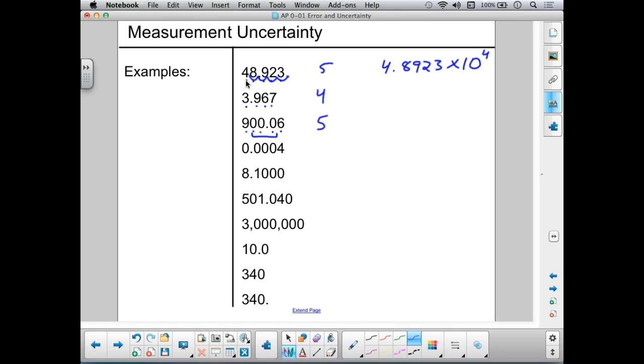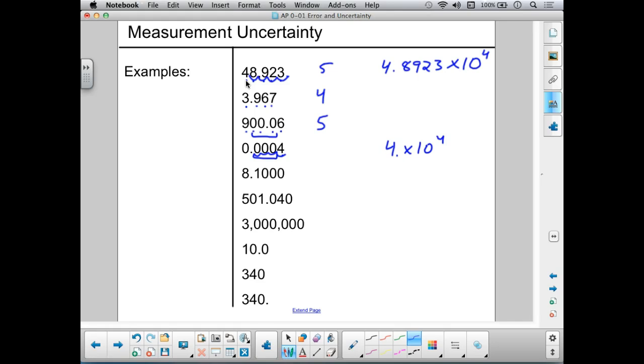Now here's a tricky case. I know I have at least one because that's not a zero. The 4 is significant. Now these zeros right here, they're not trailing zeros, they're leading zeros. They're in front of the digit 4, and they don't give me any additional level of precision. If I were to write this number in scientific notation, it would be 4 times 10 to the 4th.